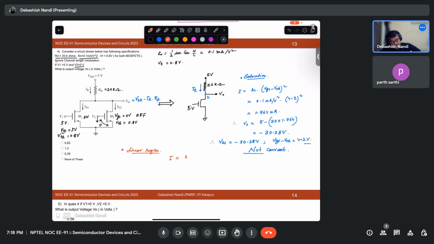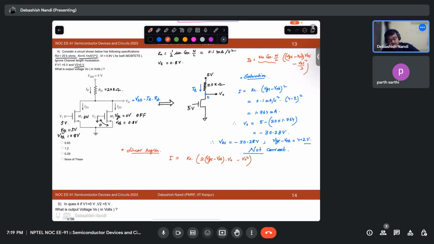I is Kn times 2 times VGS minus VTH times VDS minus VDS square, where VDS is my V0. Why? Because ID is equal to mu n Cox W by L times VGS minus VTH times VDS minus VDS square by 2.